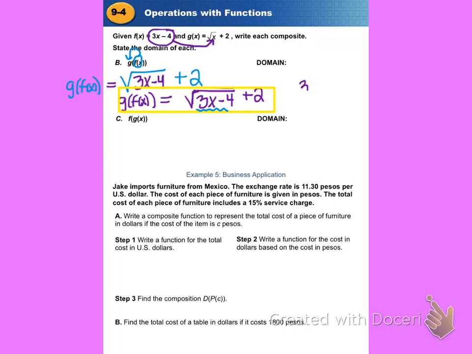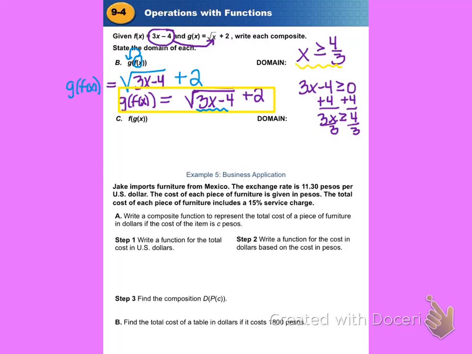So we know that 3x minus 4 has to be greater than or equal to 0, and we can find this restriction on the domain by solving this by adding 4 to both sides. That leaves us with 3x is greater than or equal to 4, and then divide by 3. And so we could say that our domain would have to be x must be greater than or equal to 4/3.